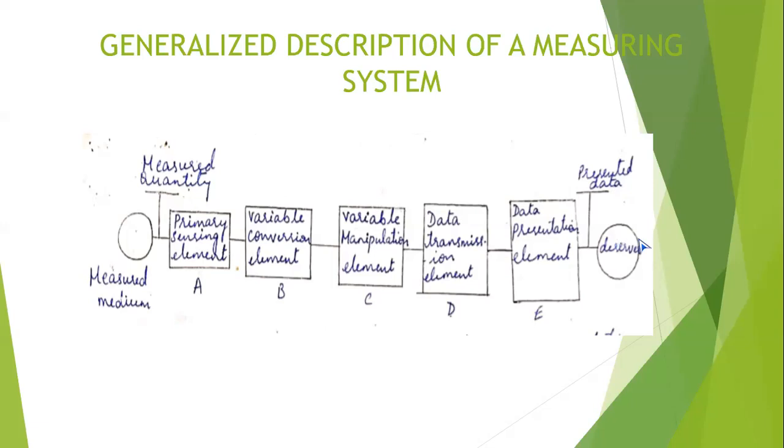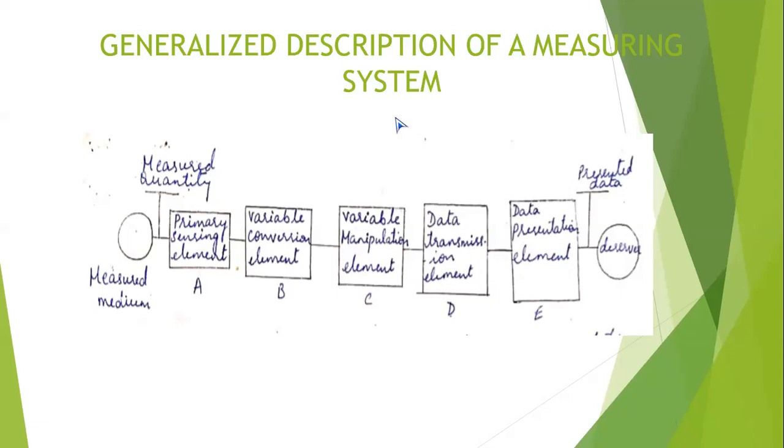And the observer understands the medium that he can understand, that is the weight in kgs. The observer understands the weight of the sugar in kgs. So this is the generalized description of a measuring system. All of you mark it, very, very important.